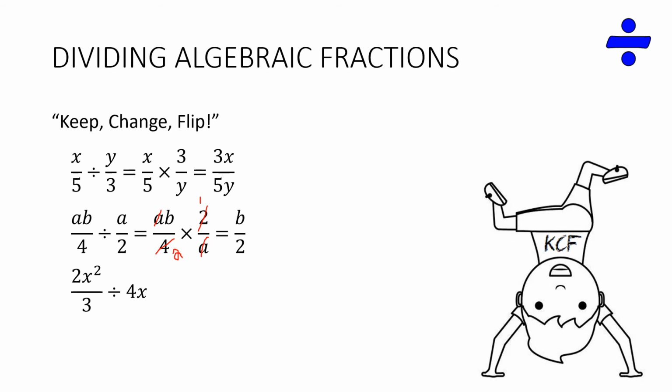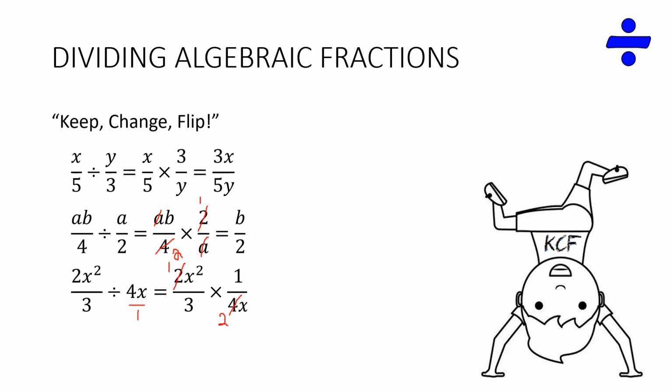Last one. 2x squared over 3 divided by 4x. So remember, this is 4x over 1. So when I flip it, I'm going to get 1 on 4x. Keep, change, flip. Okay, a few things can cancel here as well. The 2, so 2 goes into 2 once, 2 goes into 4 twice, and I've got a common factor of an x.